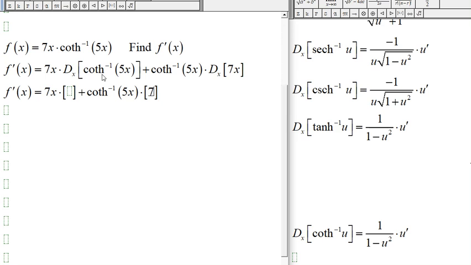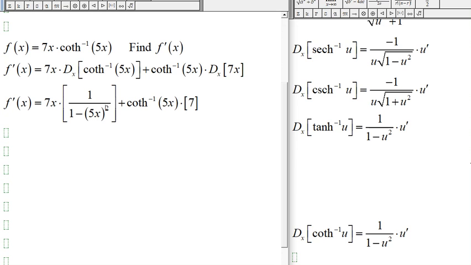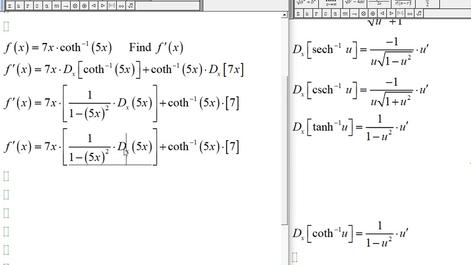Now we need the derivative of the inverse hyperbolic cotangent, and we have just seen that it is 1 over 1 minus u squared. And so in the place of u, we have 5x, and then we have to multiply by the derivative of the 5x, which is just 5.